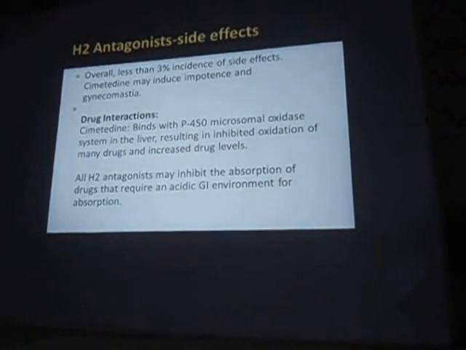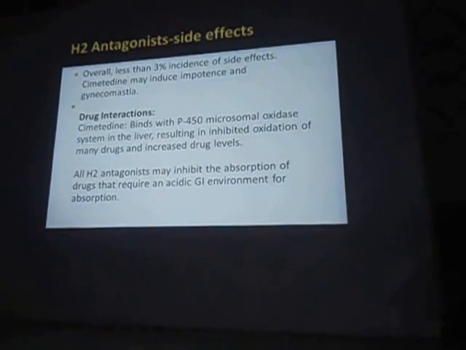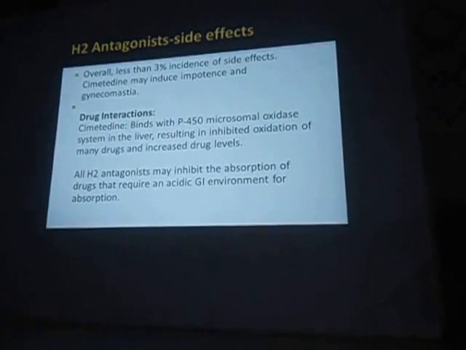H2 antagonists per se do not have that many side effects, but the first drug, cimetidine, we saw prevents the metabolism of androgens, and the metabolism of estrogen is prevented, so gynecomastia and impotence are created. Cimetidine is an enzyme inhibitor, so the drugs which are used along with it and are hepatically metabolized tend to increase, maybe warfarin and some other anticoagulants.